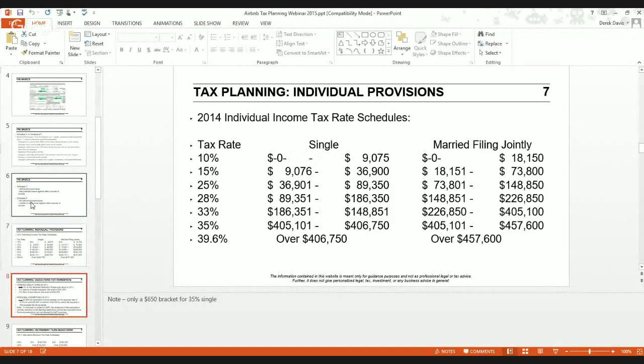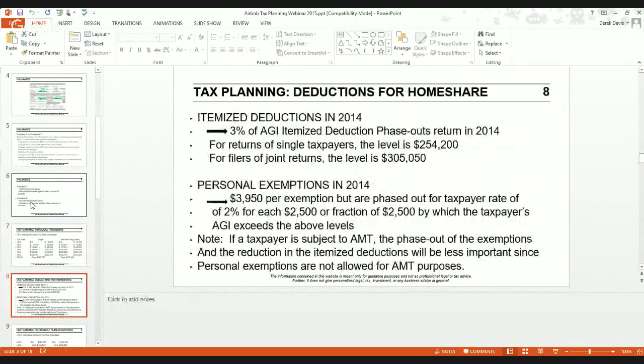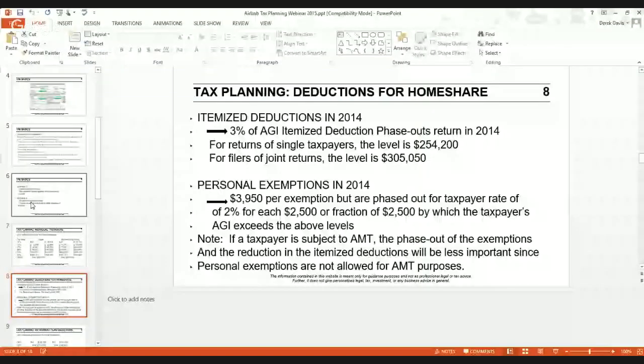Some important things to note on tax planning for home share individuals is that if you own your home and you have a mortgage payment, you can potentially itemize and deduct your mortgage interest on your Schedule A. However, it's important to note that if you have a large level of income, there are certain phase outs.